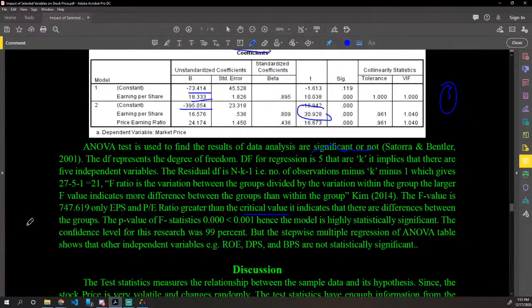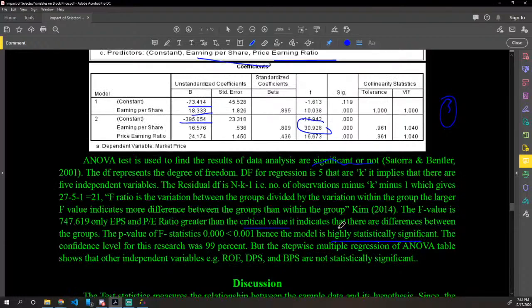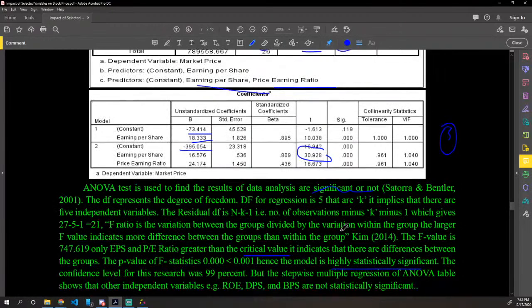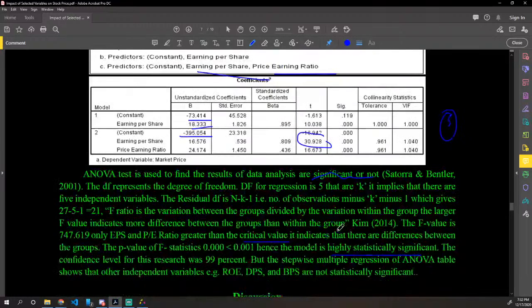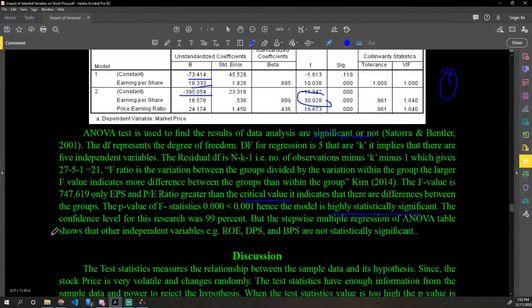And then the p-value of the F test is 0.00, which is less than 0.001. Highly statistically significant. Where is that? Yep, it's less than 0.001.